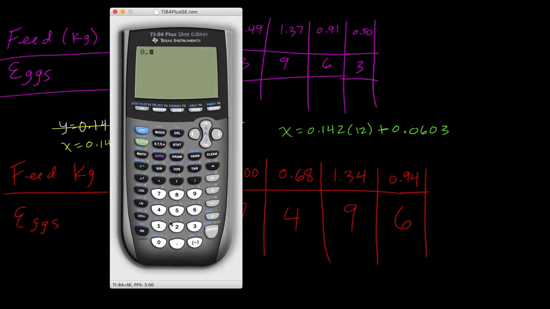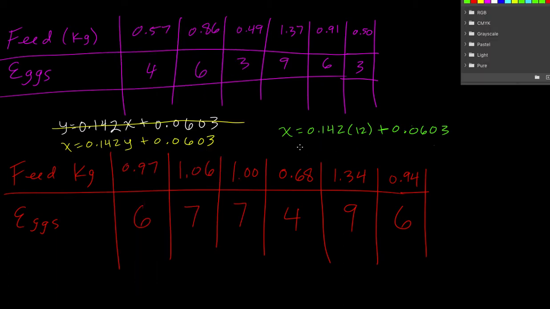So I get 0.142 times 12 plus 0.0603, and I get 1.7643. But if I just write three significant figures, I get 1.76. And that would be kilograms of feed to give us 12 eggs in a fortnight.